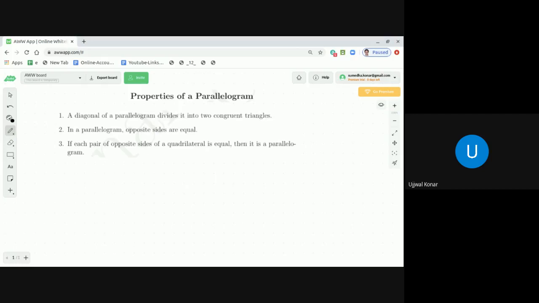The second is that in a parallelogram, opposite sides are equal. And the third is, if each pair of opposite sides of a quadrilateral is equal, then it is a parallelogram. Actually, property number 3 is the converse of property number 2. And the proof of all these first three we discussed in the previous session.